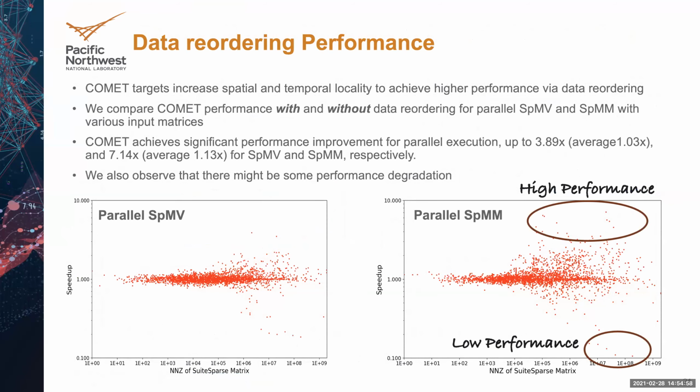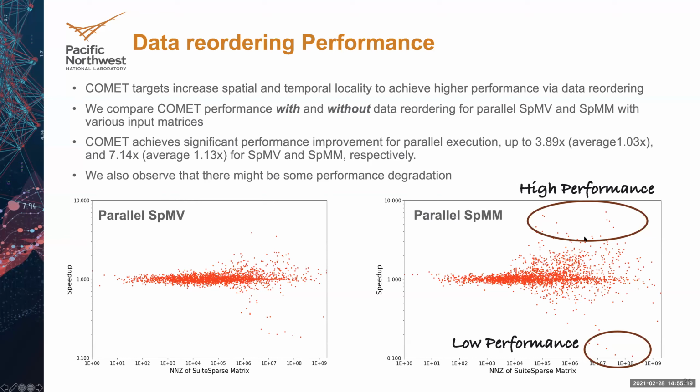Here I also wanted to show the results of the optimization I mentioned related to data reordering. In this graph, looking at the parallel SpMV and parallel SpMM operations, we compared the performance of COMET with and without data ordering.